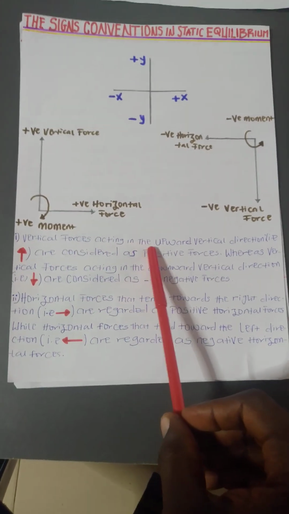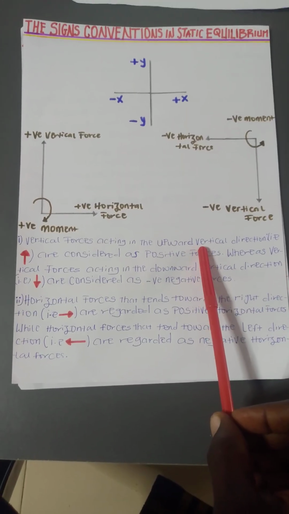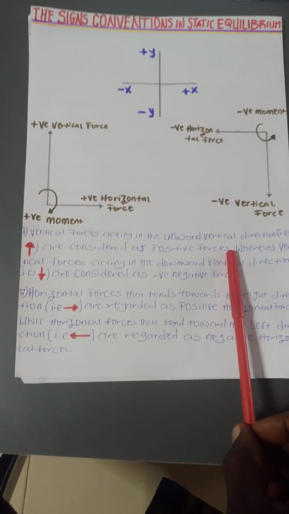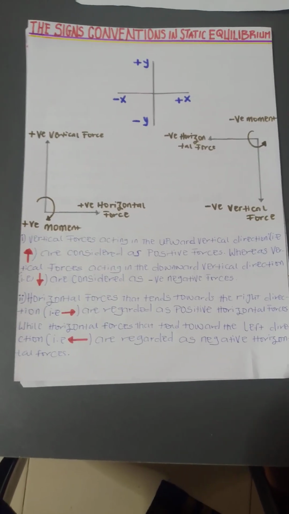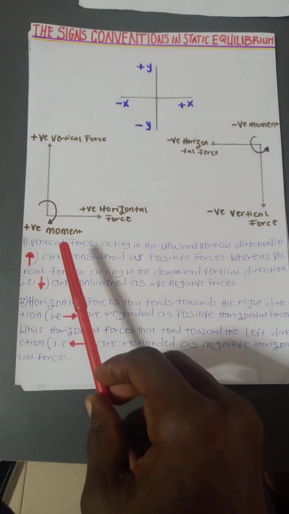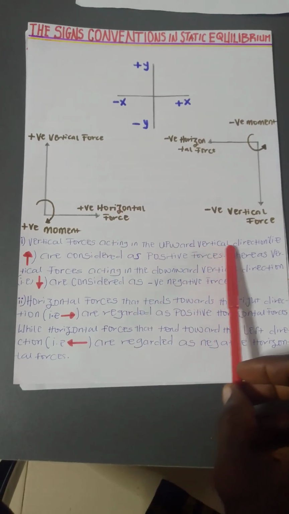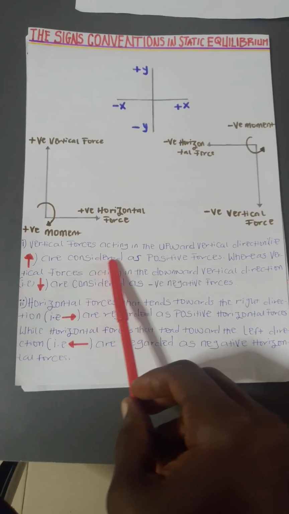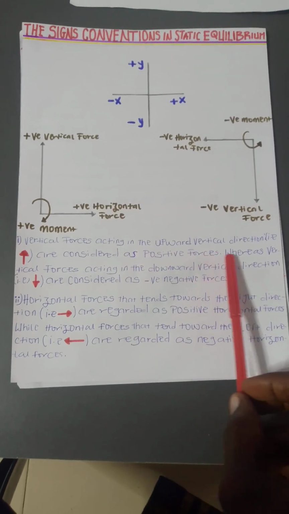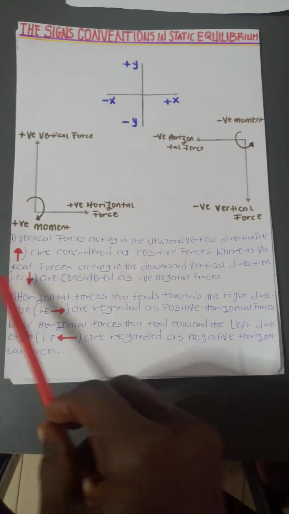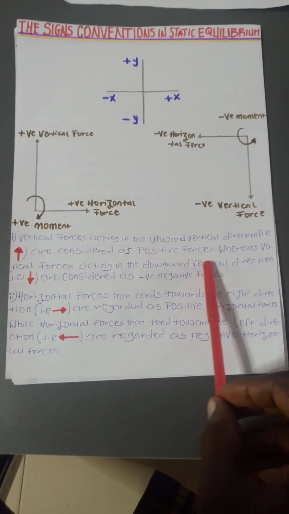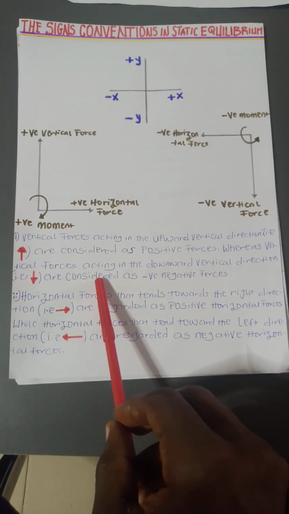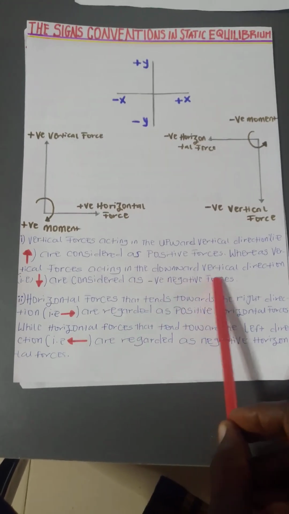Vertical forces acting in the upward direction, you can see the arrow pointing upward, are considered as positive forces, whereas vertical forces acting in the downward direction, you can see the arrow pointing downward, are considered as negative forces.